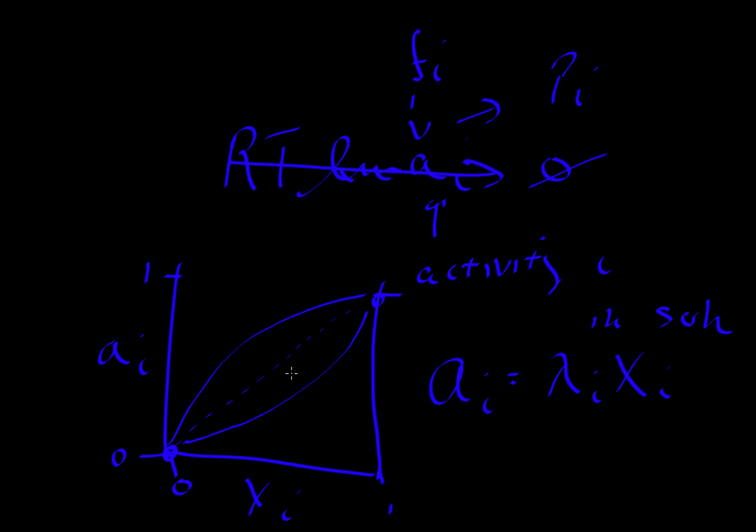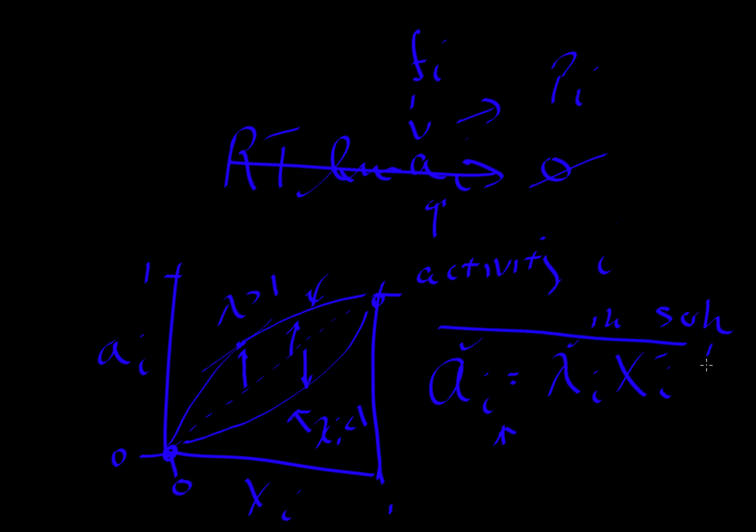But again, we have some constant that relates the value of activity, the effective concentration of something, to the concentration, but multiplied by this constant lambda, where here lambda is greater than 1 for the top part of the curve, or lambda I is less than 1 if we're on this bottom part of the curve. Things might be less active or more reactive, depending on how they are interacting with other components besides I in the solution that we are interested in.